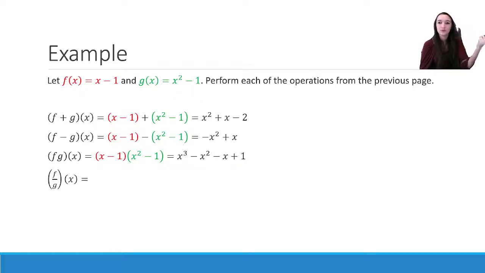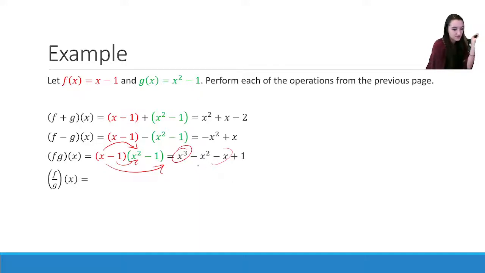So hopefully you remember your foiling properties. So we get x times x squared is x cubed. Then x times negative 1 is negative x. Then negative 1 times x squared is negative x squared. And negative 1 times negative 1 is positive 1. And so altogether, we get the given function.